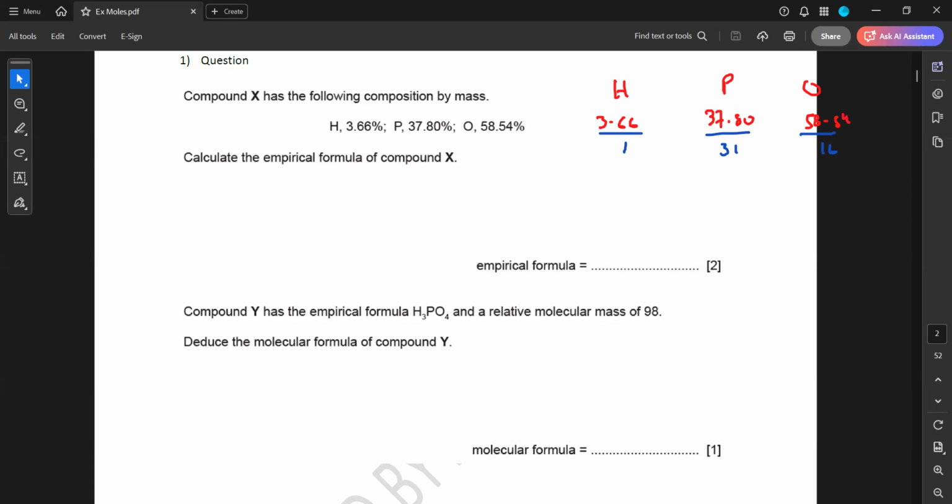To work out the empirical formula, the first step is to divide by atomic mass. So when we divide 3.66 by 1, we get 3.66.